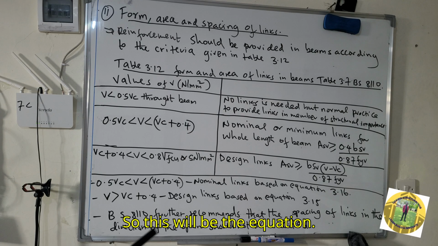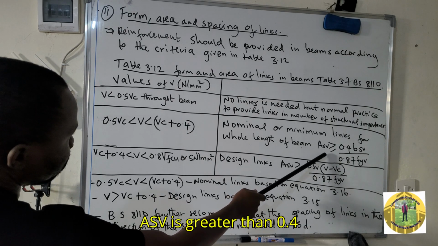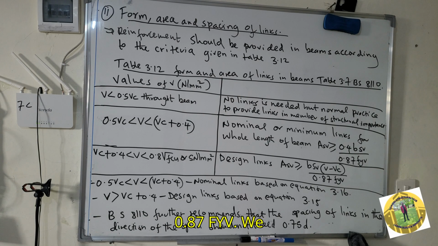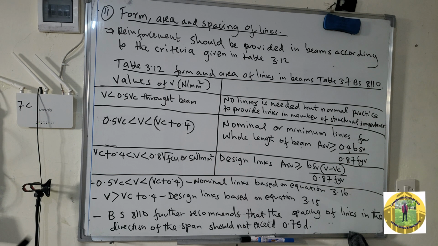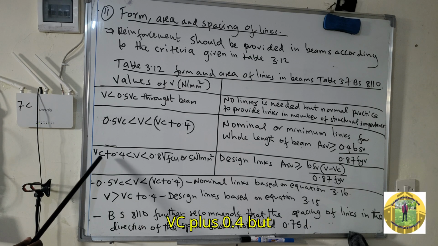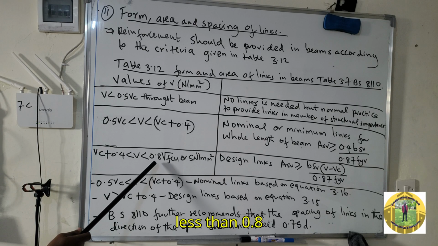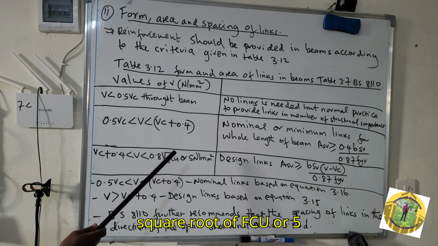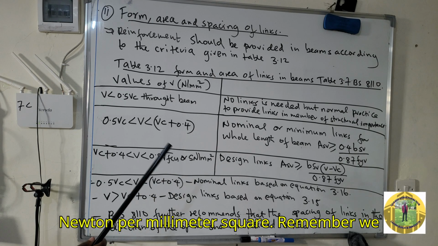So this will be the equation: Asv is greater than 0.4 b Sv over 0.87 fyv. We proceed to the last one, whereby v is greater than vc plus 0.4 but less than 0.8 square root of fcu or 5 Newton per millimeter square.